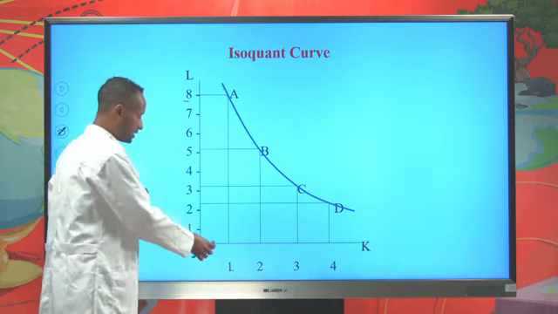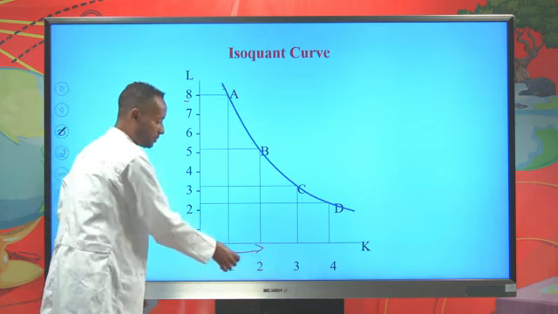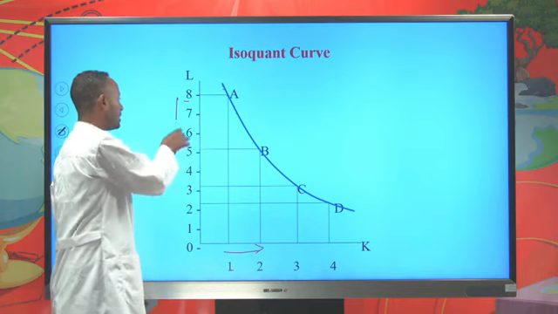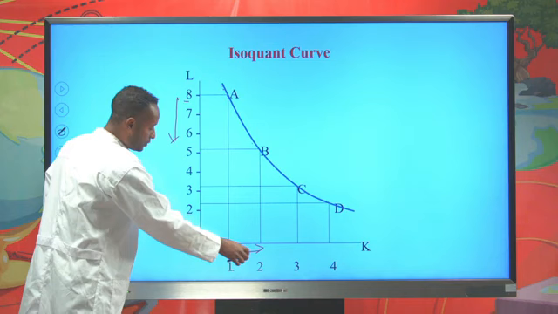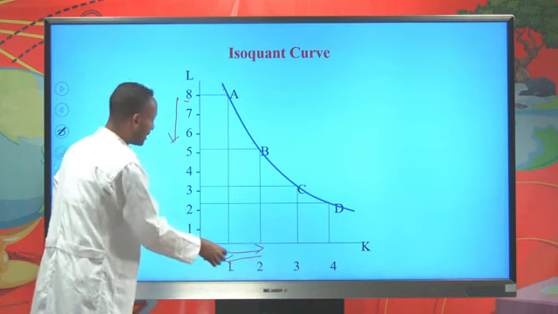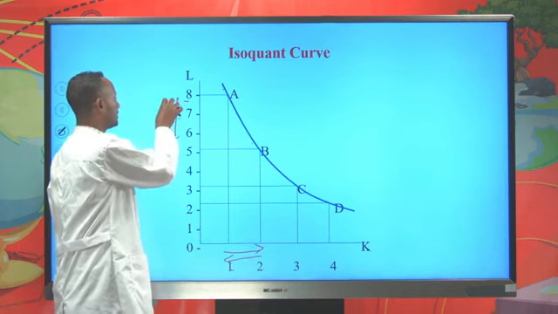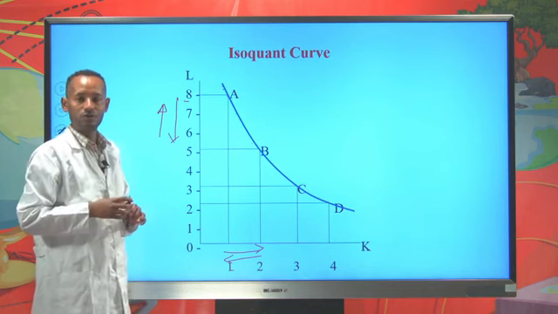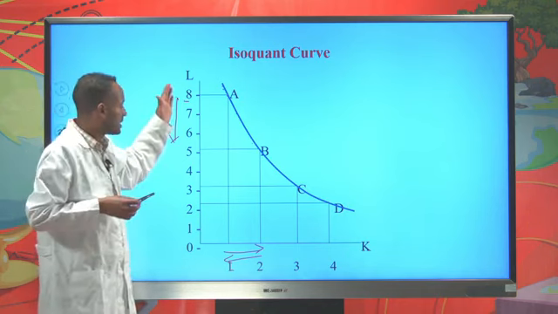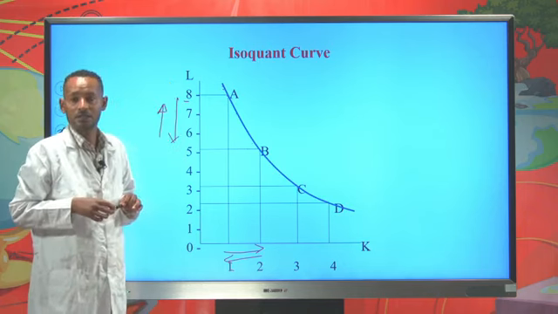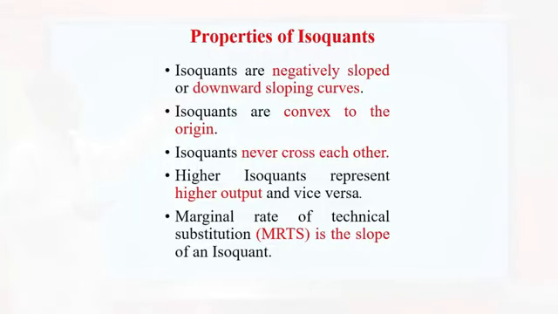As we increase employment of the variable input capital, we are reducing employment of labor. As we reduce capital, we are increasing labor. Due to this inverse relationship between the two variables on the x and y axes, the slope of such a curve is negative.